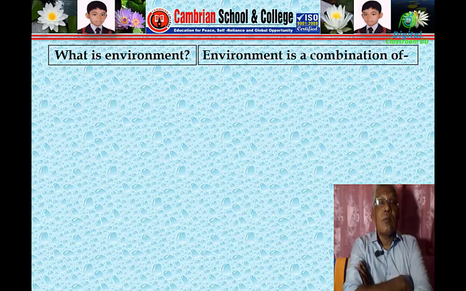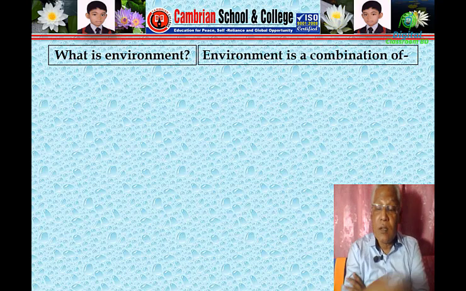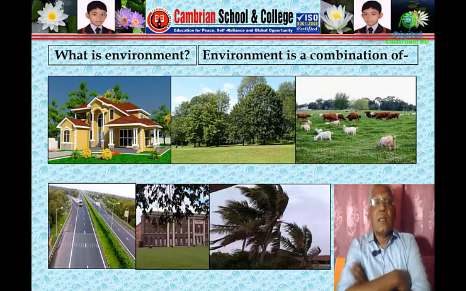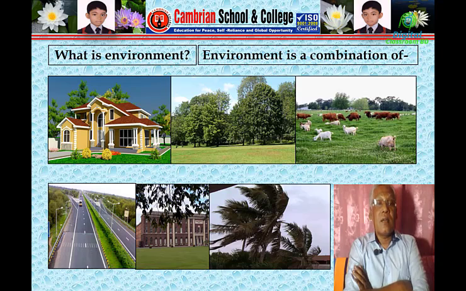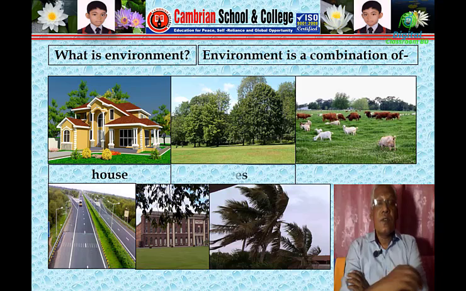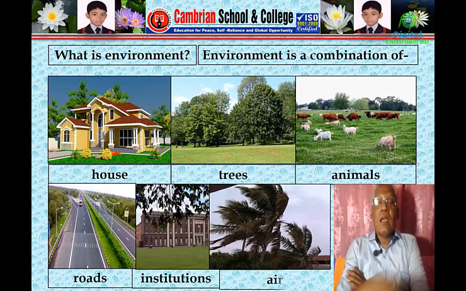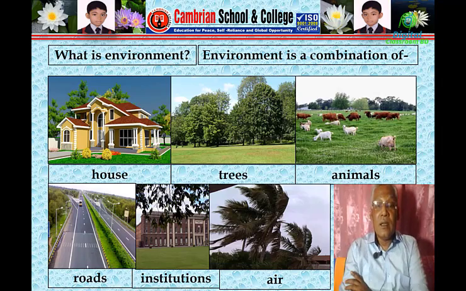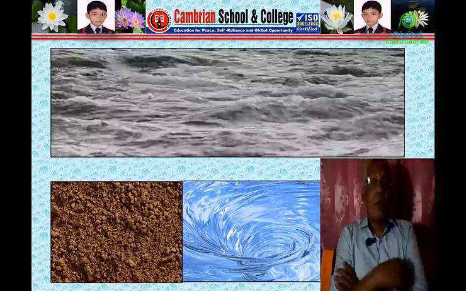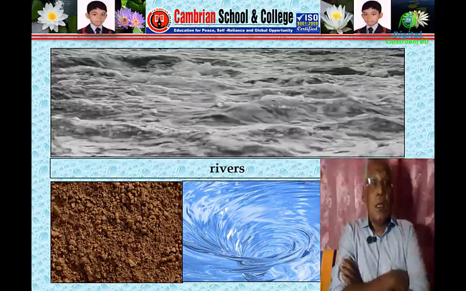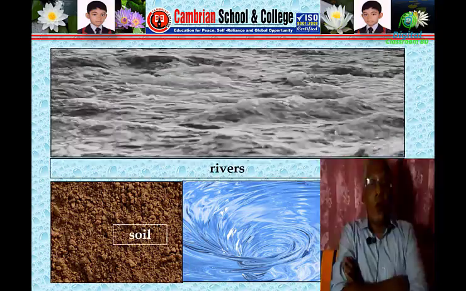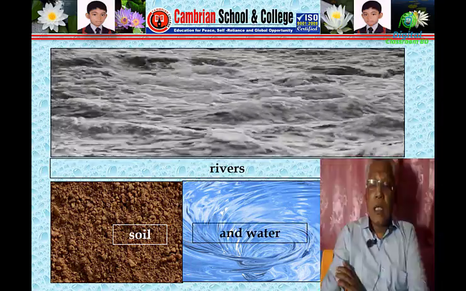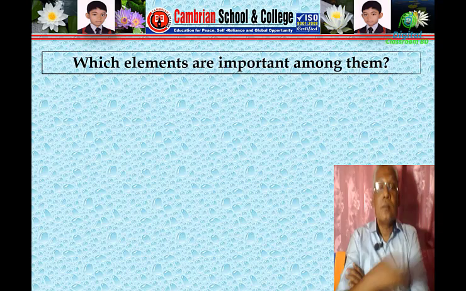Environment is a combination of, look at the pictures, houses, trees, animals, roads, institutions, air, rivers, soil, and water, and so on.